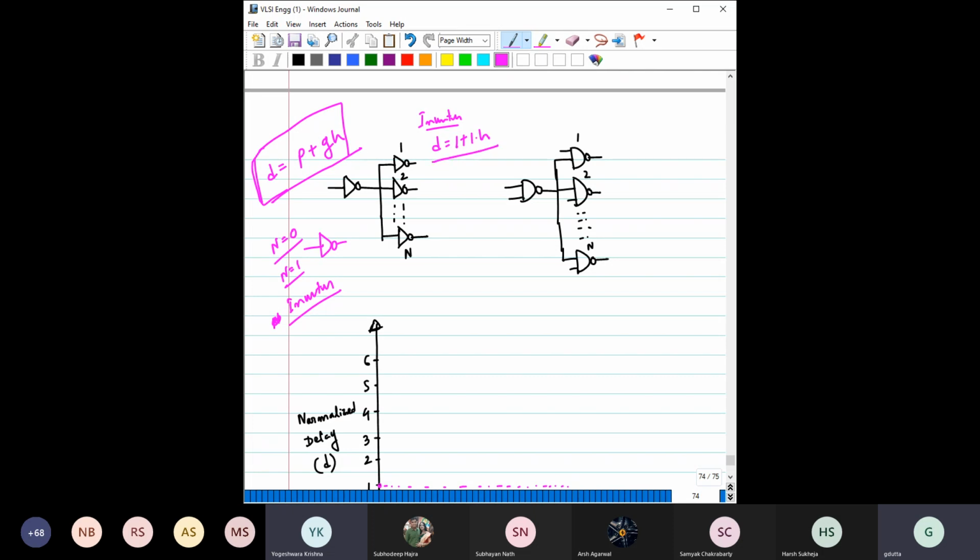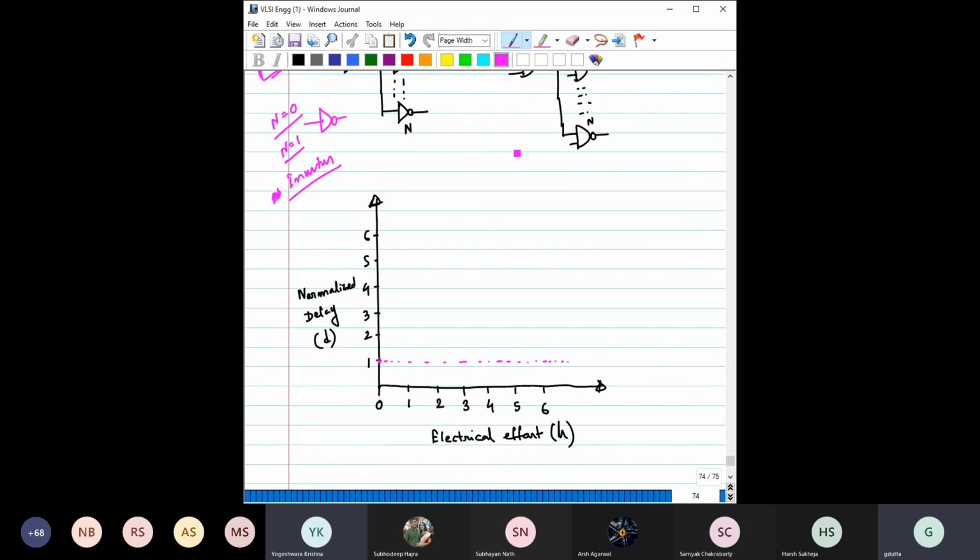So you can see this is basically a straight line equation, right? The slope is equal to 1, and the intercept is also 1, which we have fixed. So if we have to plot it, at 1 it will become 2, at 2 it will become 3, at 3 it will become 4, at 4 it will become 5, at 5 it will become 6, right?